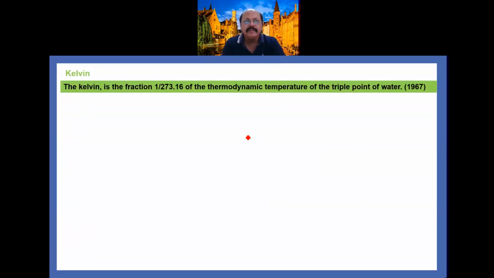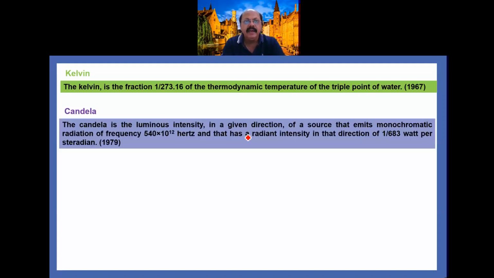Now Kelvin. The Kelvin is the fraction 1 upon 273.16 of the thermodynamic temperature of the triple point of water, and this definition was given in 1967. Then candela.